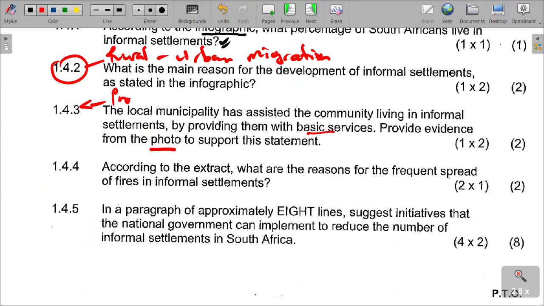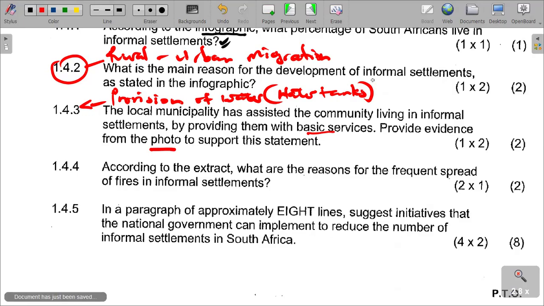We are saying provision of water, which we can talk about as water tanks. Water tanks are found in informal settlements, and we can also talk about communal taps.